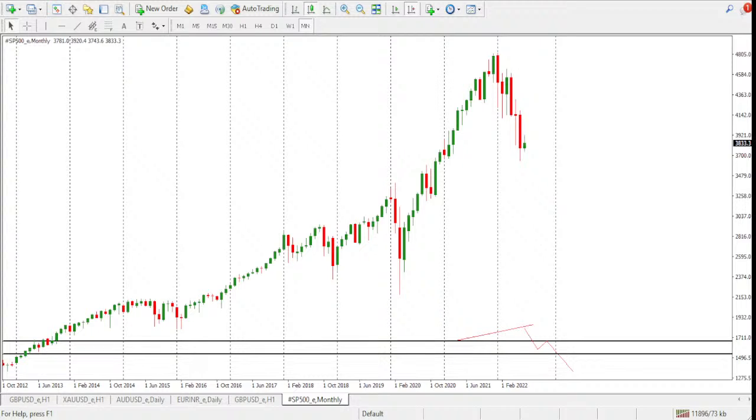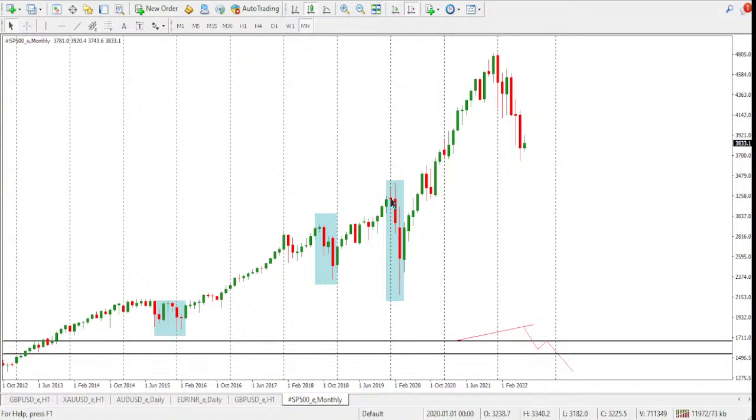If you look at this index very well from the start, it has been in a very good uptrend. So the prices have been moving very much bullish. We've seen price move from this point to this point here, then there's this correction, then the price moved from this point up to this point here, then we had a correction, then the price moved from this point to this point, and then we had a correction here.